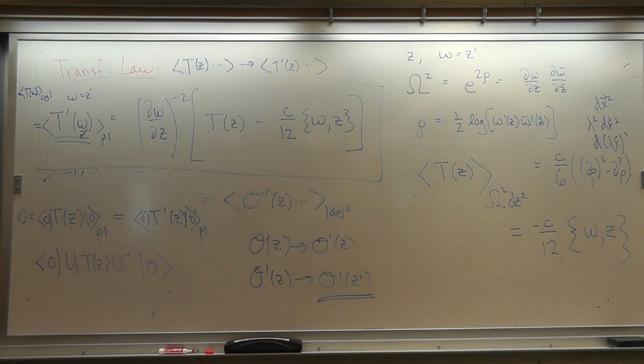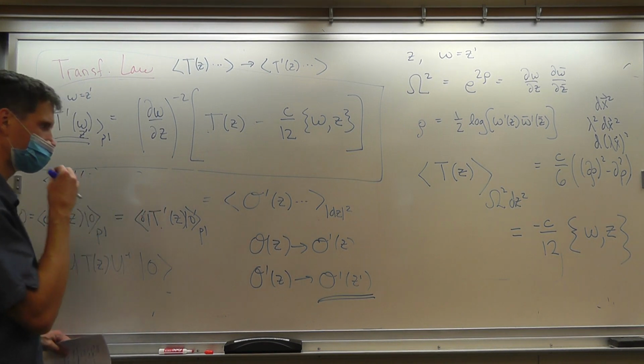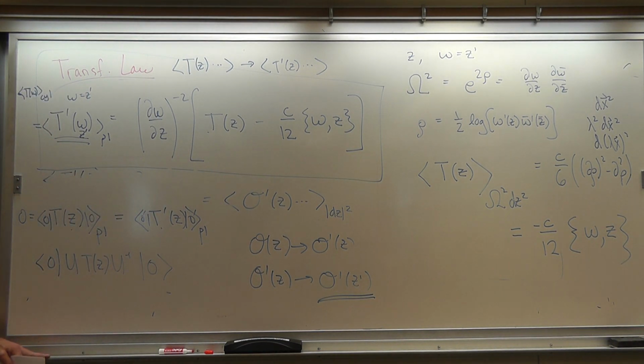You're saying it doesn't even make sense to write T prime of Z because it's not a function of the right thing? T prime of Z makes sense, but T prime of Z on the plane, maybe that's because the geometry really is a cylinder in the W coordinate.